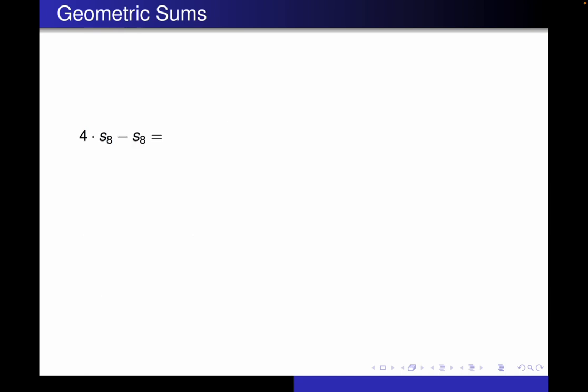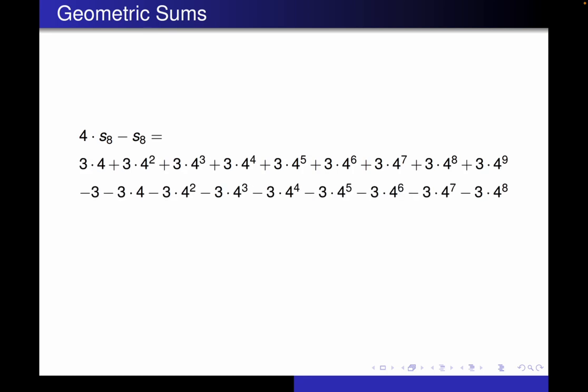Now, the nice thing about having almost all the terms be the same is that when we subtract them, lots of cancellation goes on. If I subtract the left-hand sides of those equations, we get 4 times S8 minus plain old S8. On the top is our 4 times S8, and on the bottom is our minus S8.